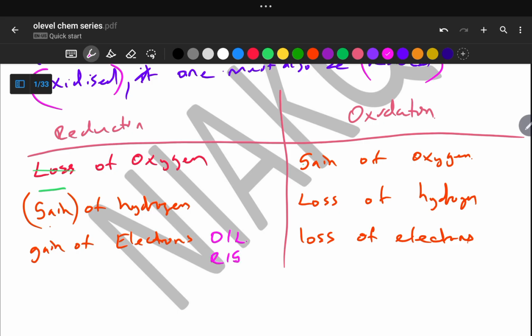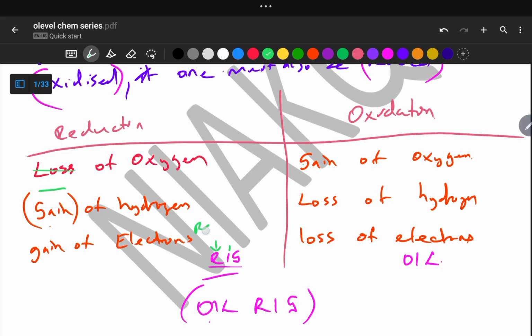So it's OIL RIG, right? OIL is for oxidation and RIG is for reduction.